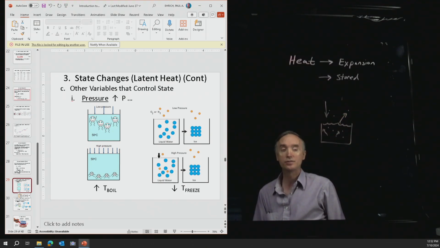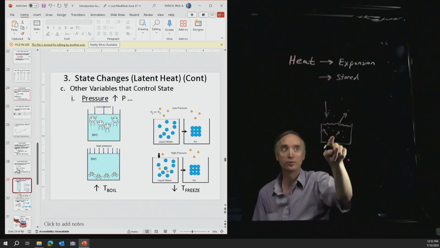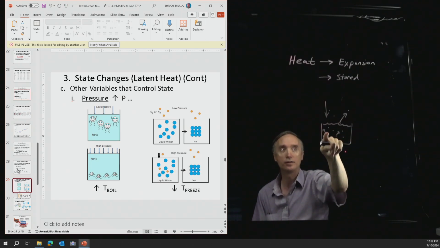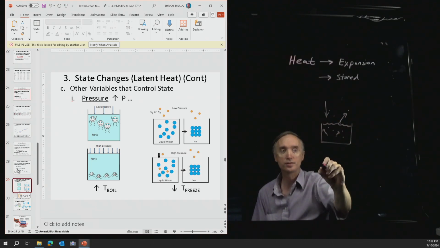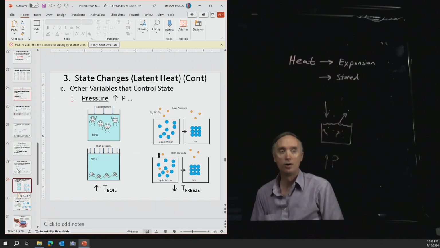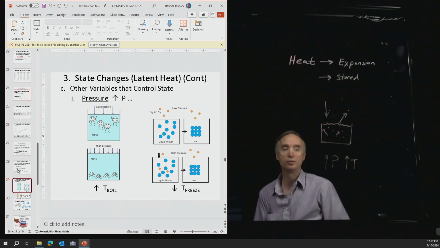So that means we have to increase the temperature to give these molecules enough energy to break free. So the rule is that if we increase the pressure on a fluid, it's going to increase the temperature at which it boils.